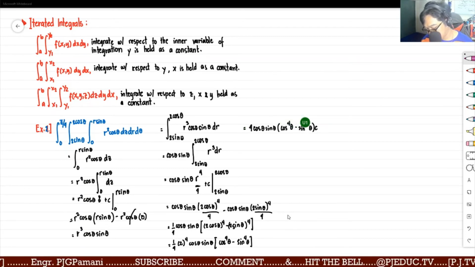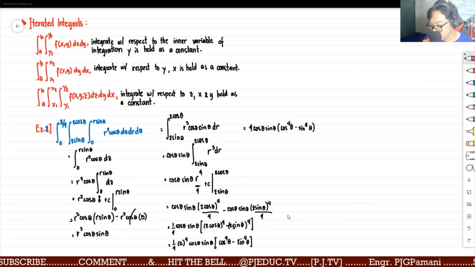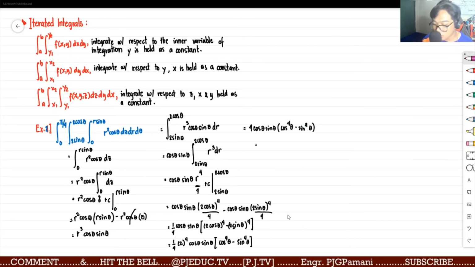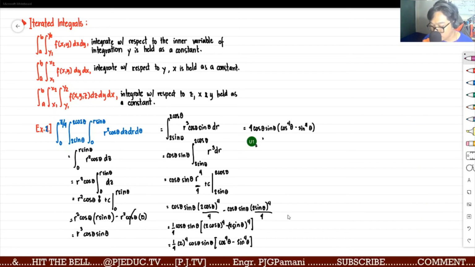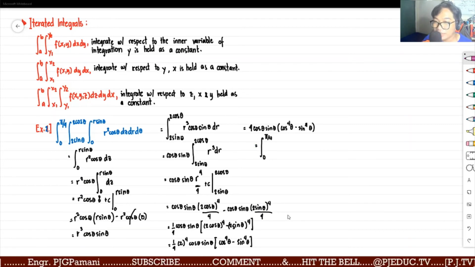Okay. That is our new integrand that will then be integrated with respect to an upper and lower limit of 0 to pi over 4 and with variable theta.